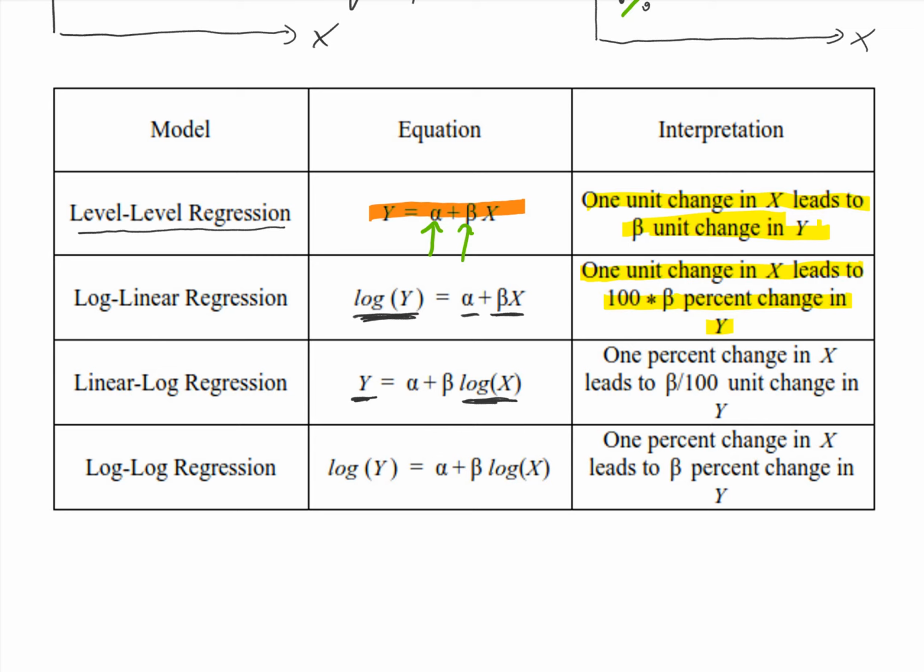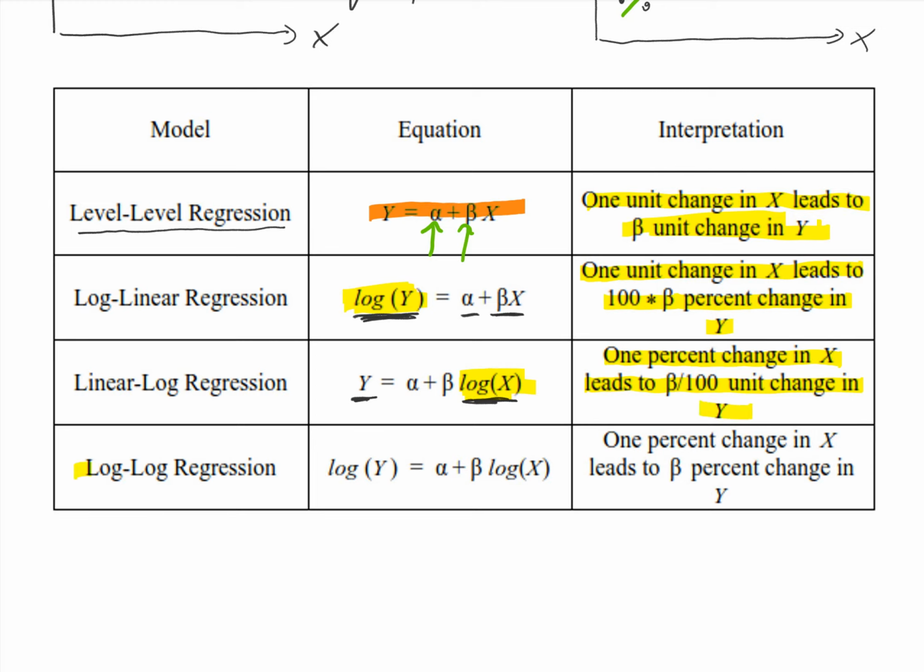You might have noticed that whichever variable is logged, whether it's the dependent or independent variable, our interpretation turns to percentages. In this case the log is on the x, so we're talking about a 1% change in x, and that leads to a beta over 100 unit change in y.